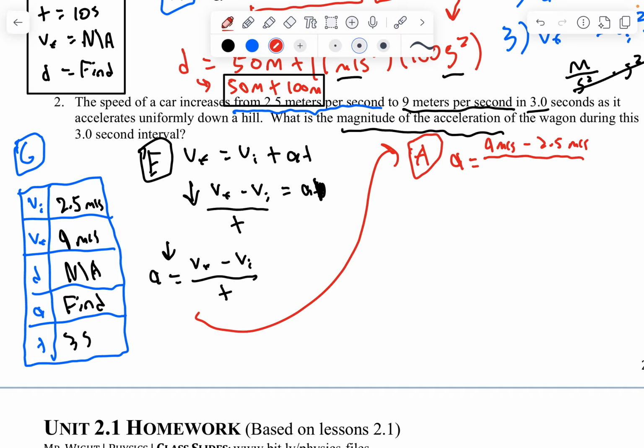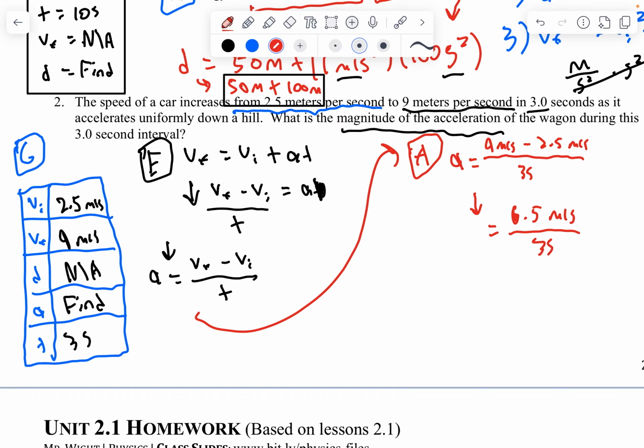Over, what's the time? The time is 3 seconds. And we just simplify the numerator. 9 minus 2.5 is 6.5 meters per second over 3 seconds.